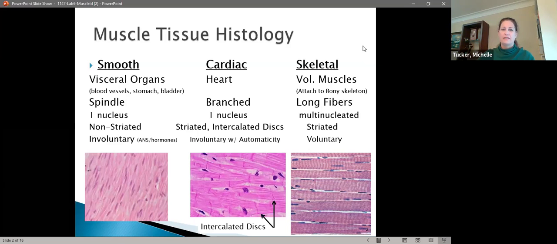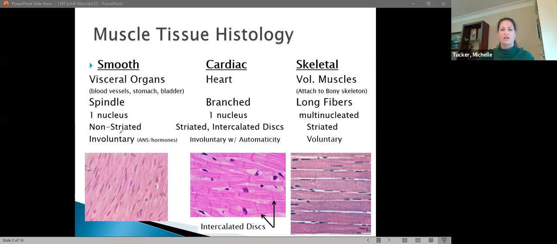There are three types of muscle tissues. We have smooth muscle, which has these very small fibers, and they are kind of spindle shaped, and they are controlled by the involuntary nervous system.